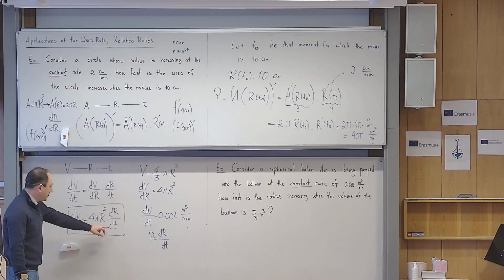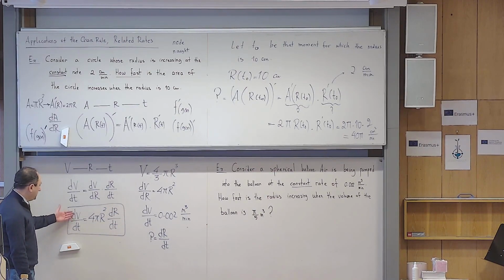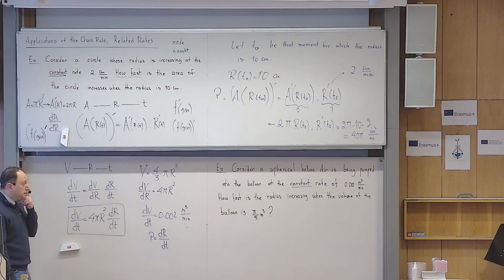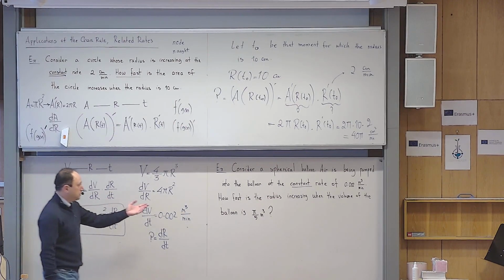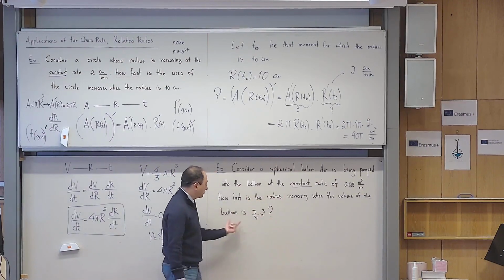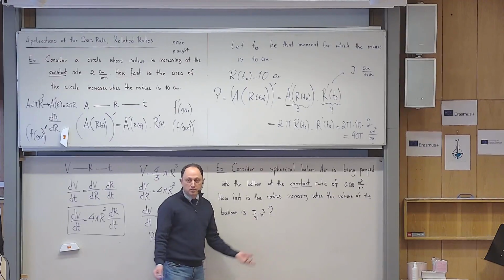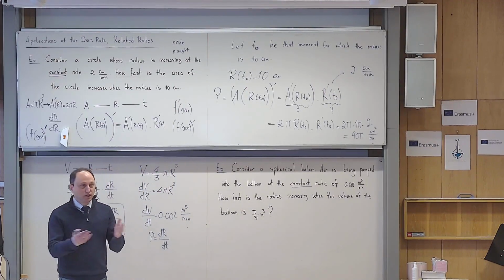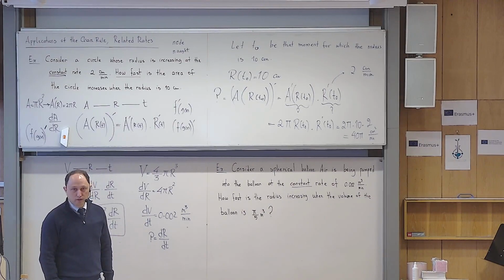But in order to answer it, I need to know this, which I know, but I also need to know another quantity, which is R. But R is not given to me directly in the problem. What is given to me? How fast is the radius increasing when the volume is this number? But that's a minor thing, because if the volume is given, you can yourself find the quantity R.